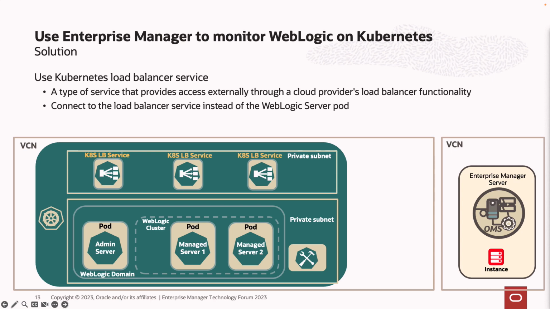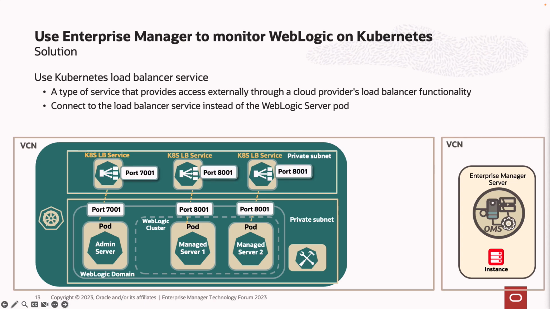So in this case, underneath this picture, it creates a load balancer service in Oracle Cloud, which will route the traffic to the cluster IP endpoints that is configured in the load balancer service, and use that service to connect to the WebLogic servers in the Kubernetes pods.